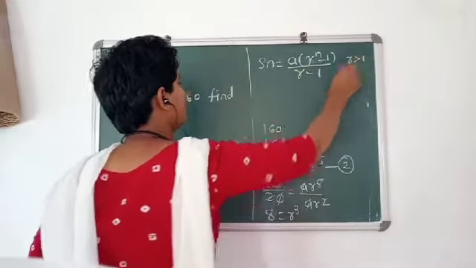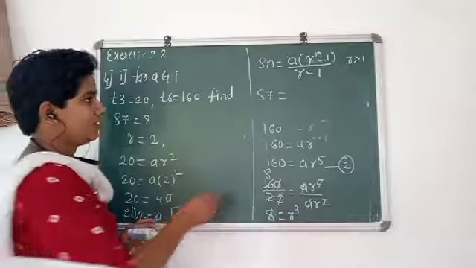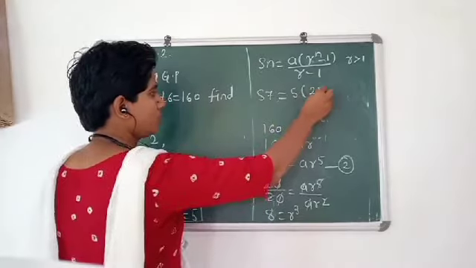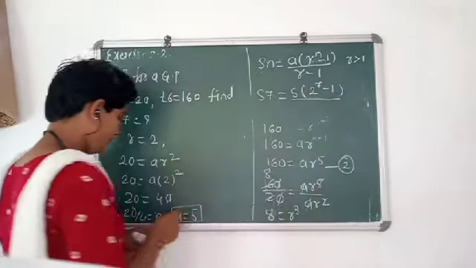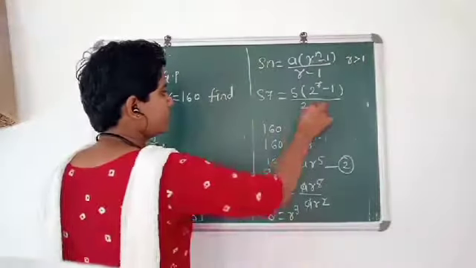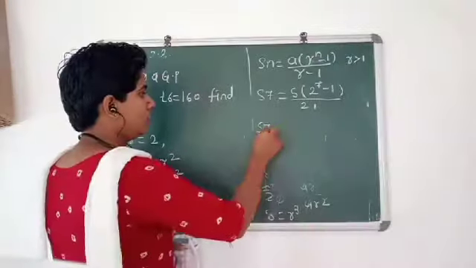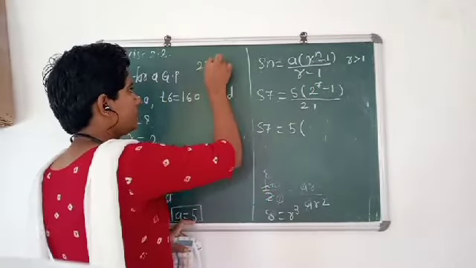That means to find the S7 term, S7 is equal to the value of a, which is 5, inside the bracket r is 2, 2 raised to 7 minus 1 upon r is 2, 2 minus 1. So S7 is equal to 5 inside the bracket, 2 raised to power 7, that is 2 multiplied 7 times.